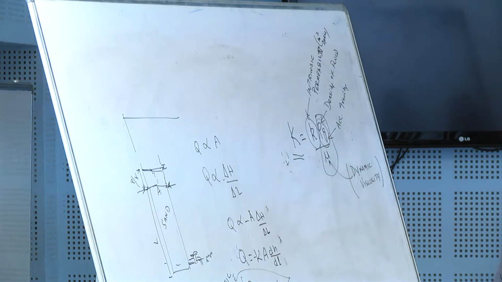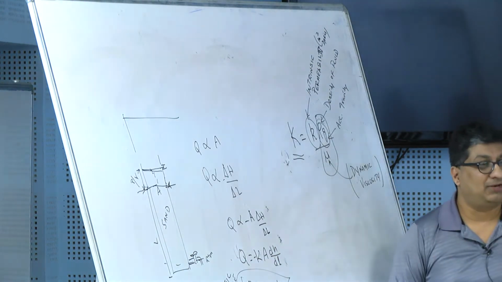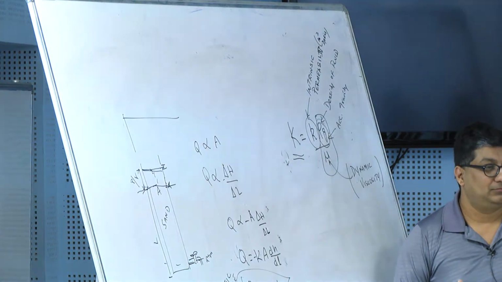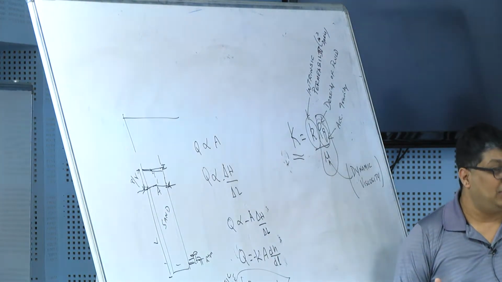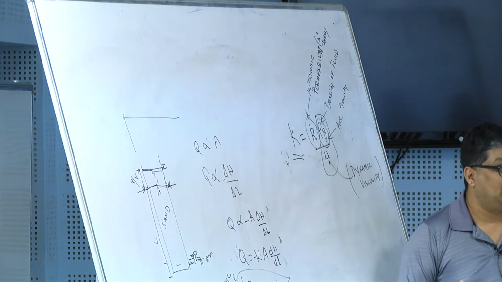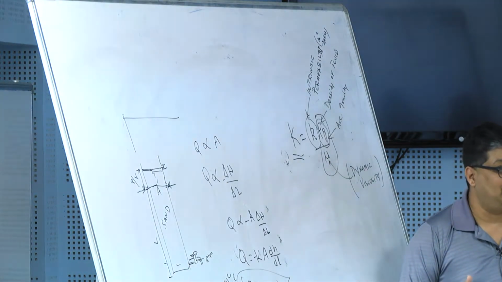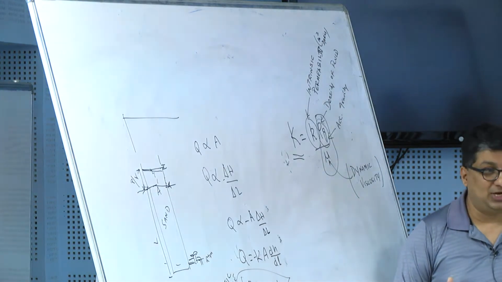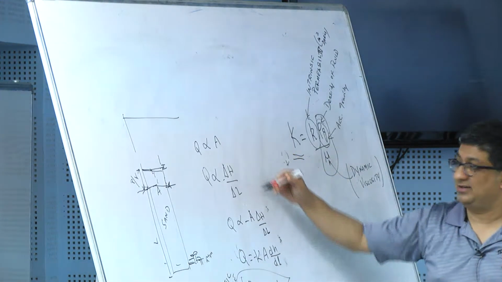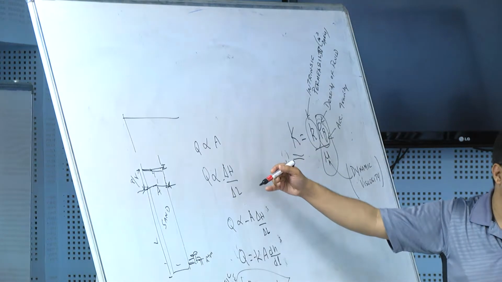Okay. What you need to understand in this whole derivation is that hydraulic conductivity is a constant of proportionality. Darcy never measured hydraulic conductivity. Okay. He could have calculated it, but he did not change hydraulic conductivity as part of his experimental design. What he changed was cross-sectional area, what he changed was gradient.